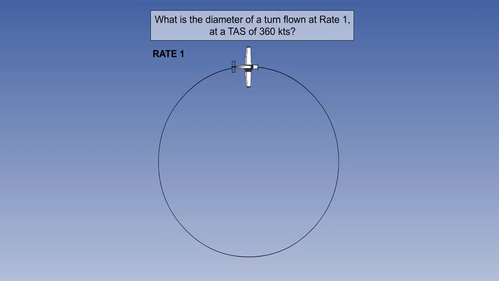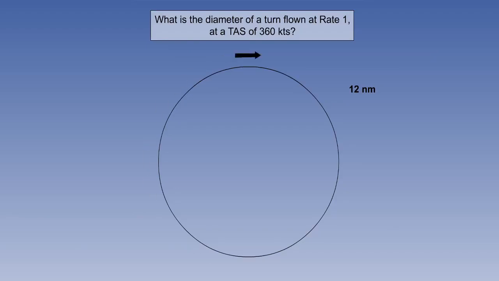So, returning to our calculation, we now know it will take 2 minutes at a true airspeed of 360 knots to complete the turn. At 360 knots, the aircraft is travelling at 6 nautical miles per minute. So the total distance travelled in 2 minutes will be 12 nautical miles.